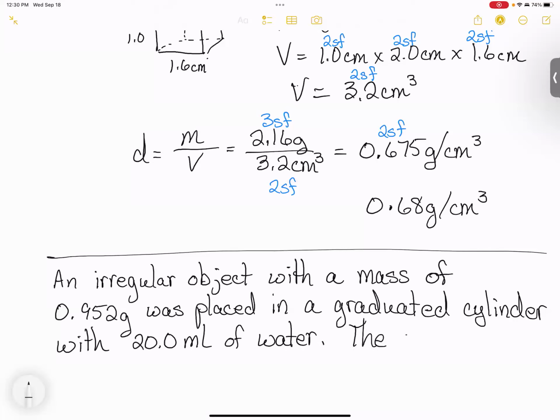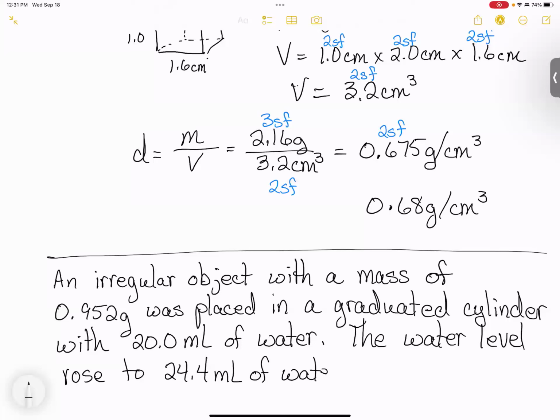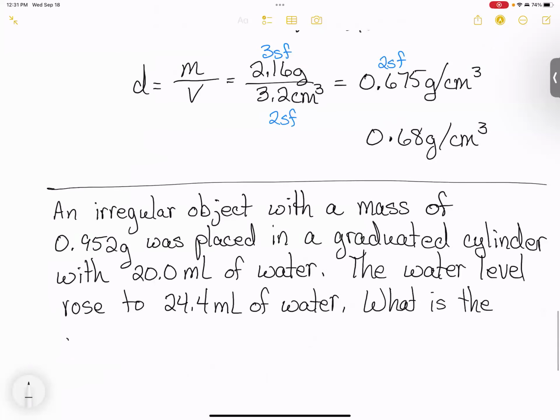The water level rose to 24.4 milliliters of water. What is the density of the object?